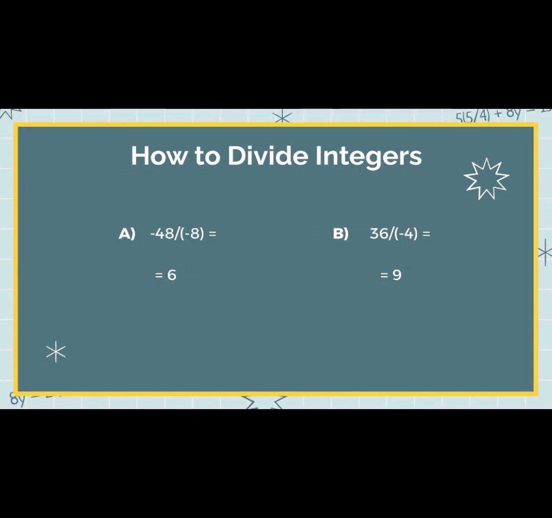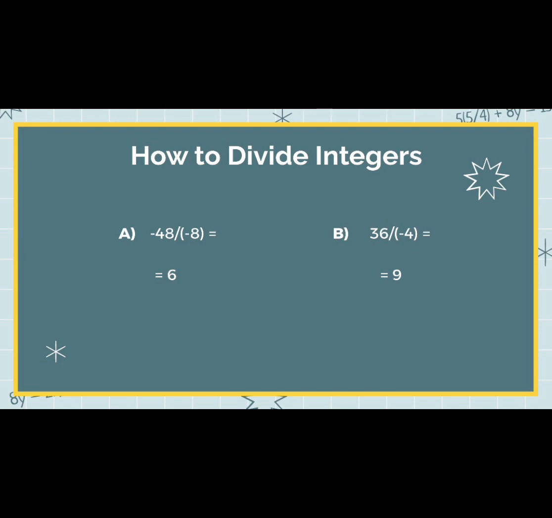Now let's move on to division. So here are our examples for dividing integers. The rules are the same for dividing integers as they were for multiplying integers. Let's jump into number 1, where we have negative 48 divided by negative 8.